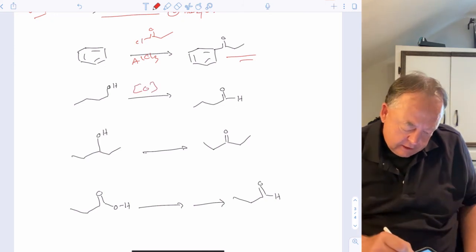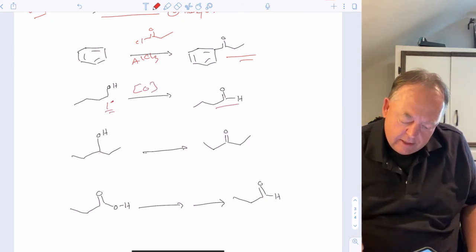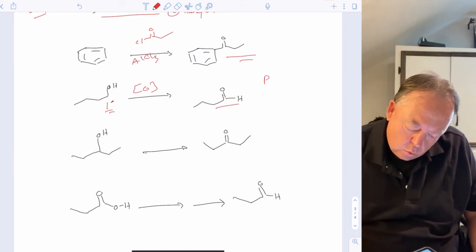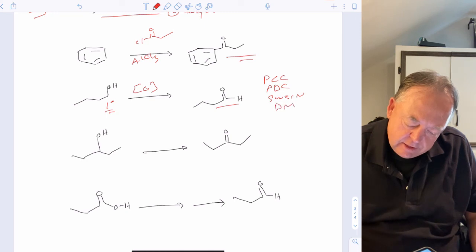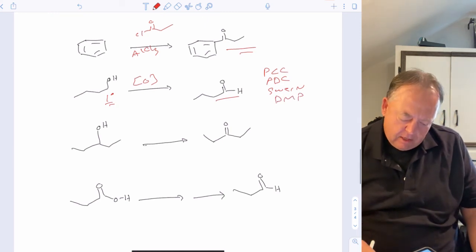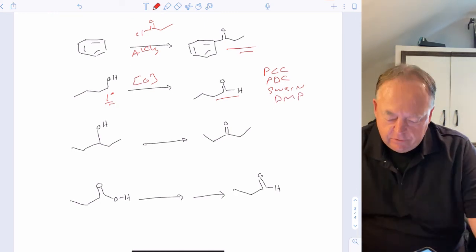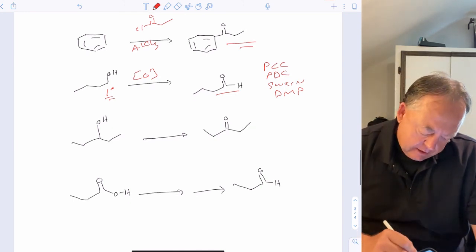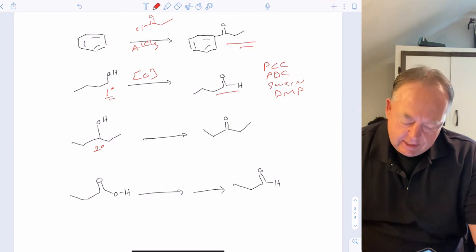So then you just have to remember, if it's a primary alcohol and you want to stop at the aldehyde, you need one of the weak or mild oxidizing agents like PCC, PDC, Swern oxidation, DMP. If you use one of the stronger oxidizing agents, it would oxidize all the way to the carboxylic acid. And if it's a secondary alcohol, then it doesn't really matter what the oxidizing agent is, right?